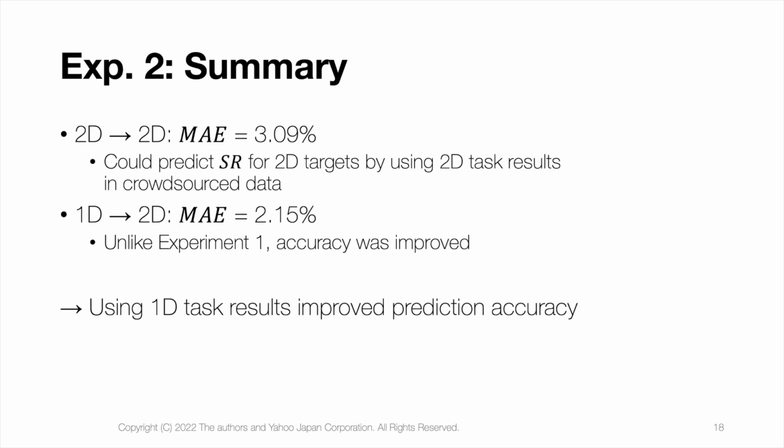In summary, in the crowdsourced experiment, we found that the dual Gaussian model could predict the success rate for the 2D targets by using the 2D task results. And by using the 1D task results, unlike experiment 1, the accuracy was improved. So, in the crowdsourced data, using the 1D task results improved the prediction accuracy.